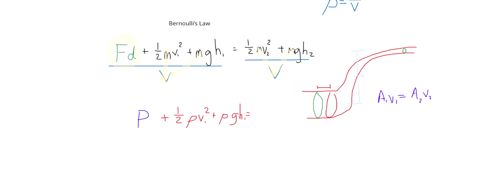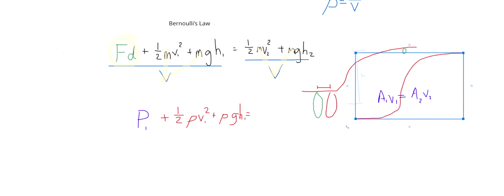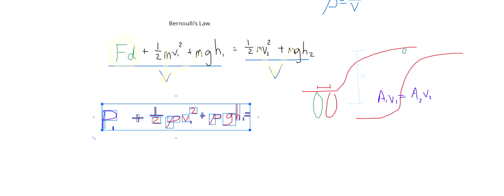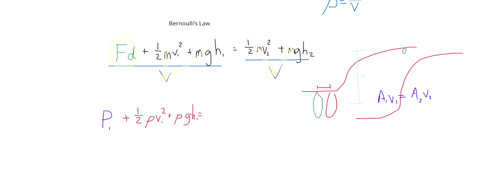So what we're really going to rewrite this as is pressure at an initial location is equal to pressure at our new location plus 1/2 density times velocity squared plus density times gravity times height 2. And so this is Bernoulli's law.